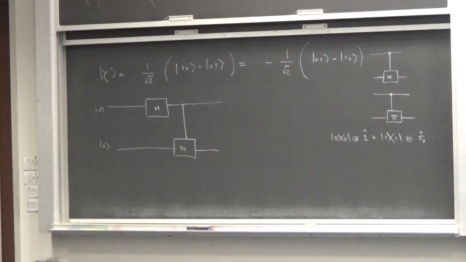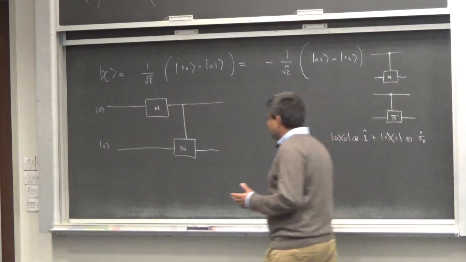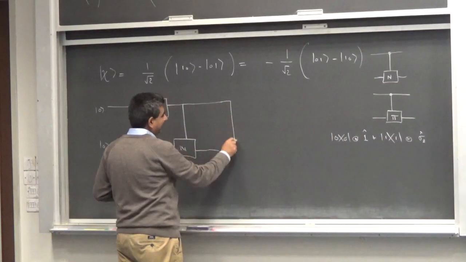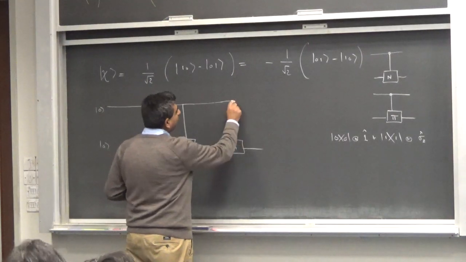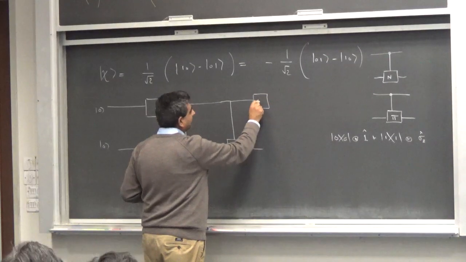Another Hadamard gate. Hadamard gate is self-inverse. What's the inverse of a control NOT gate? Another control NOT gate. So I have to do them in reverse order. Do control NOT gate followed by another Hadamard gate.